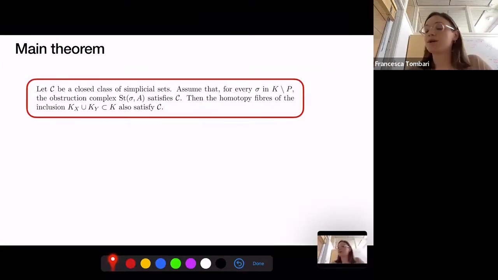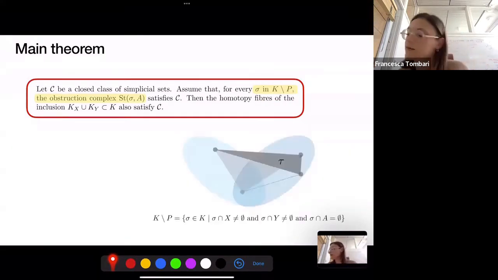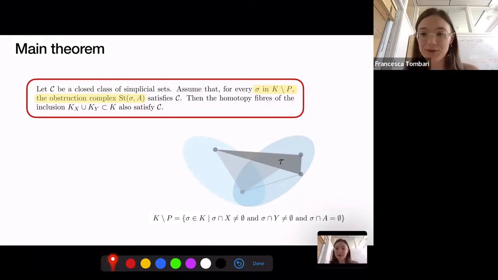Then the homotopy fibers of the inclusion of the data-driven decomposition of K into K also satisfy the same closed class. And here, let me underline that, again, it's all about studying these simplices in this very part of the simplicial complex, K minus P. Okay, I forgot to put it there in advance in order to let you remember what was K minus P.